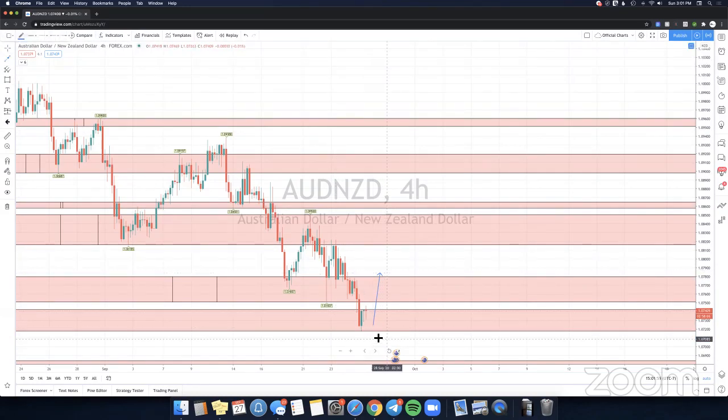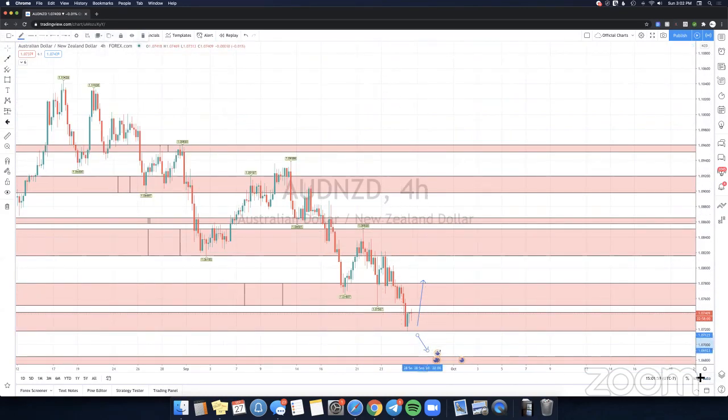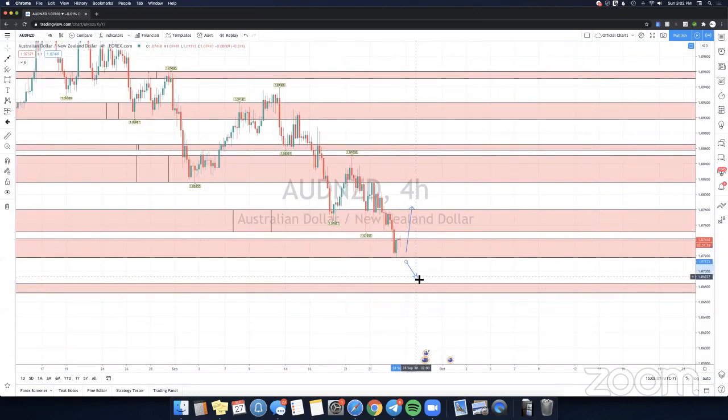However, if price breaks below this area right here, it's probably going to test this lower zone right here. So it's really up in the air as to where AUD NZD is going to go. And the thing with AUD NZD is that they kind of move weird because they're very similar currencies. They're both from the same area. They're both worth about the same, not a huge difference.